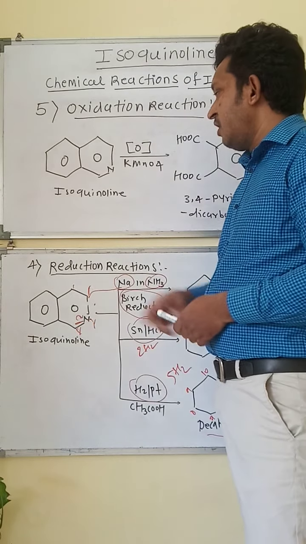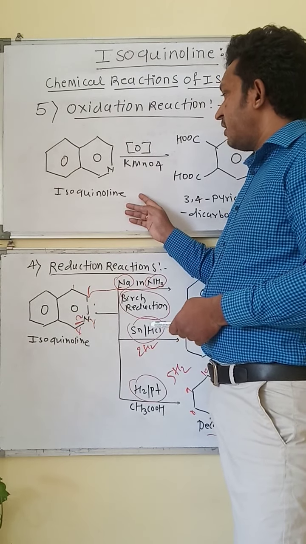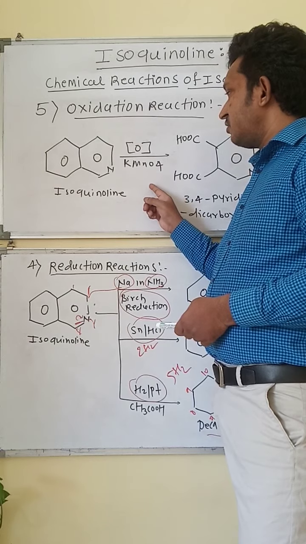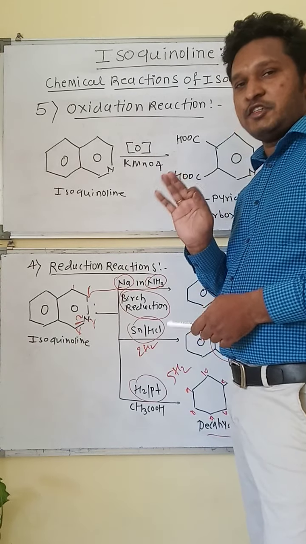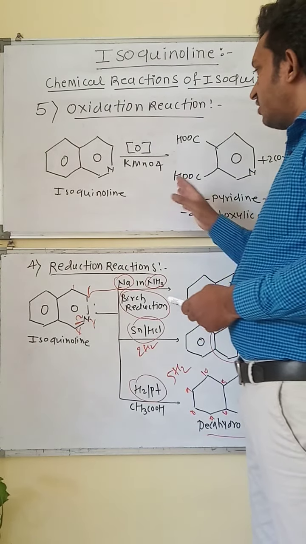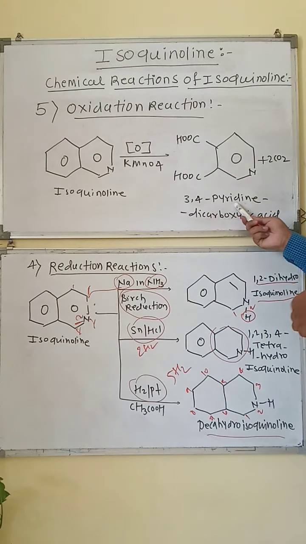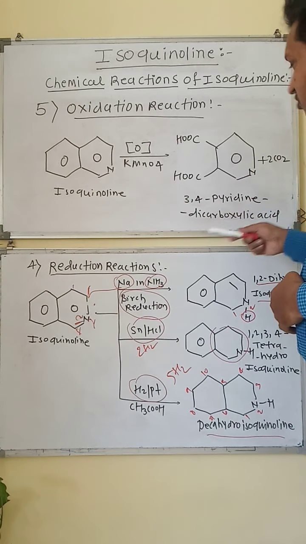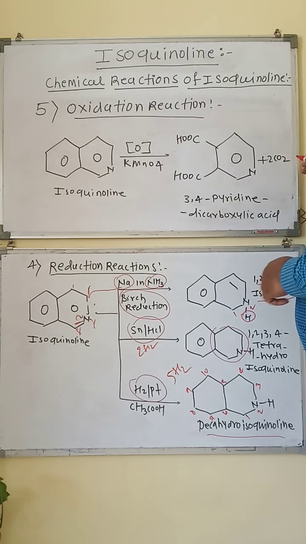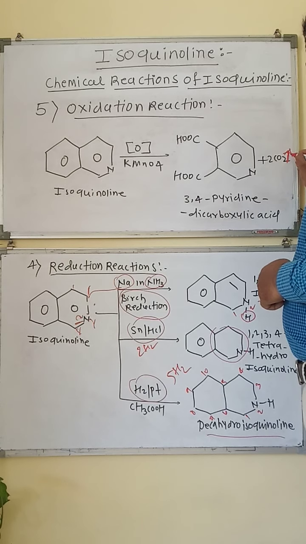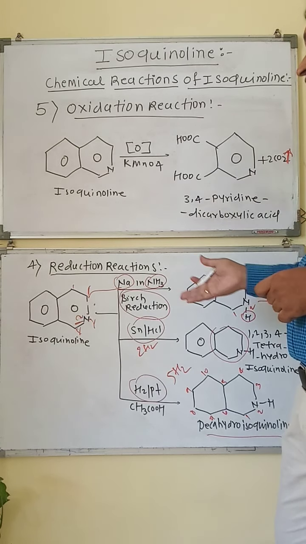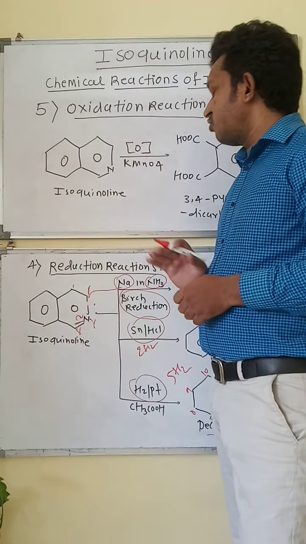Let's see the example. Isoquinoline, when reacted with vigorous alkaline potassium permanganate solution, undergoes oxidation, and we get the product called 3,4 pyridine dicarboxylic acid. Also, 2 carbon dioxide molecules will be removed from this reaction. First of all, look at the isoquinoline structure.